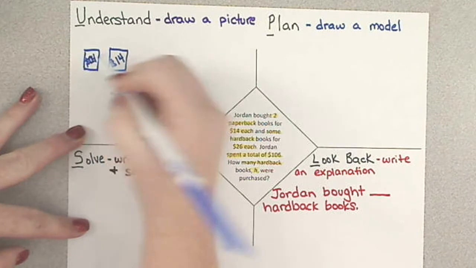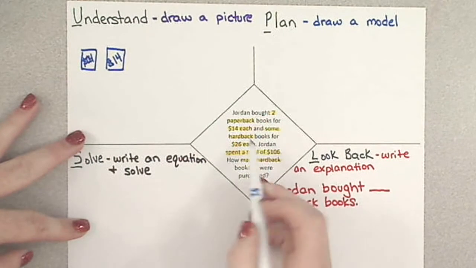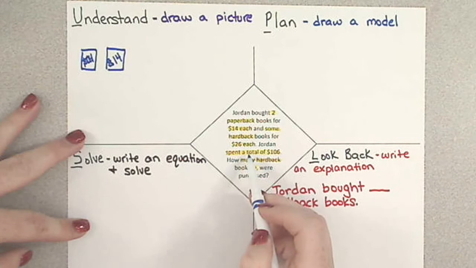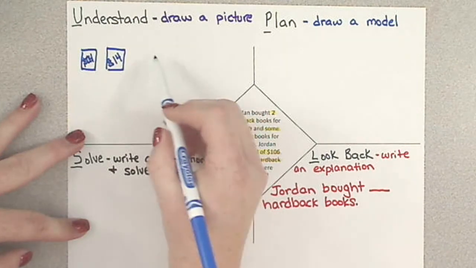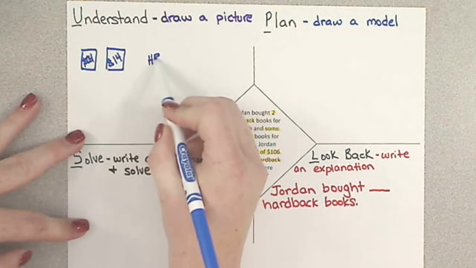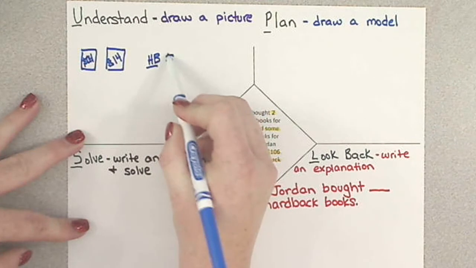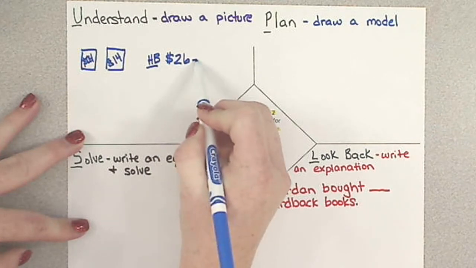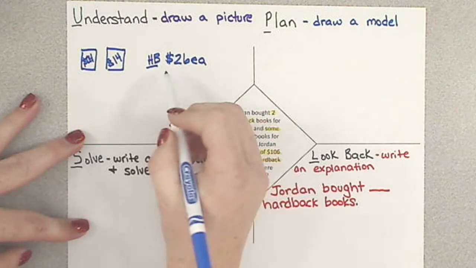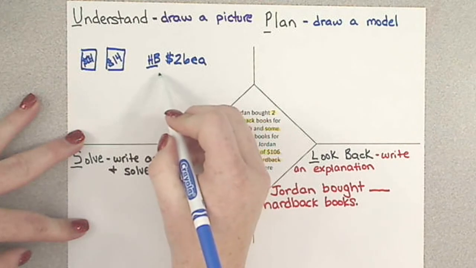I'm going to try and make that one a little bit better. And some hardback books for $26 each. So I'm going to say hardback books, 26 each, but we don't know the number.